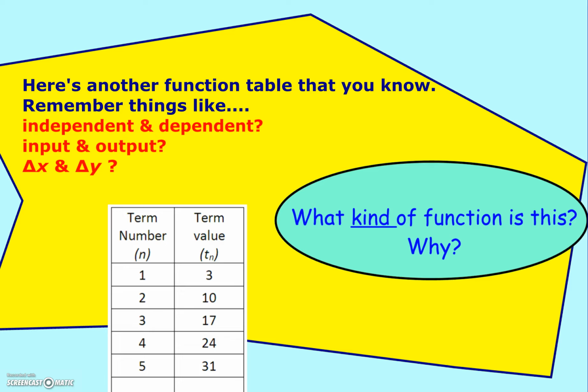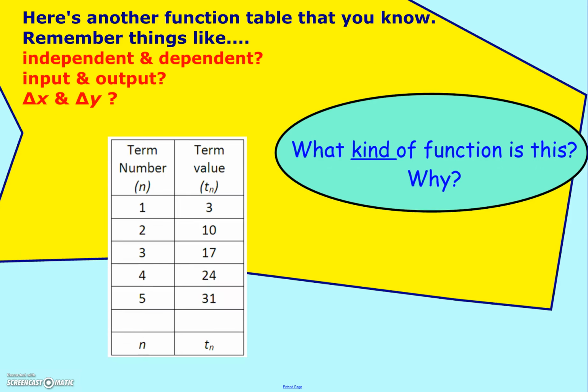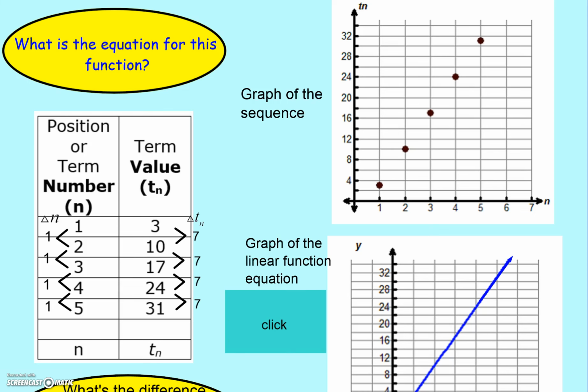Here's another function table that you know. Remember things like independent and dependent, input and output, change in y, and change in x. So what kind of function is this? And you can notice that there is a constant difference. So what is the equation for this function?